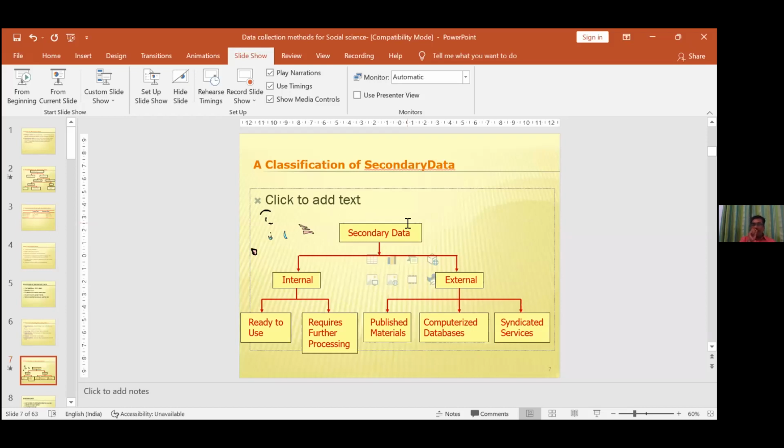What is the dividend yield ratio formula? Say, for example, dividend per share is one of the data. Another one is market price per share. What is the dividend per share? For example, 5 rupees. What is the market price per share? 1000 rupees.